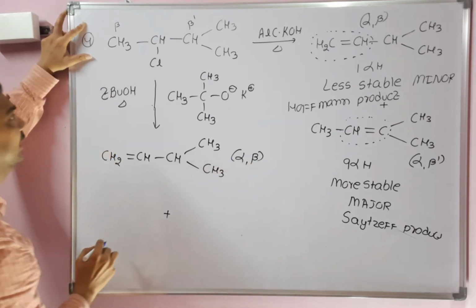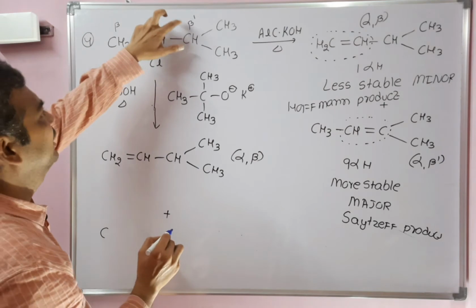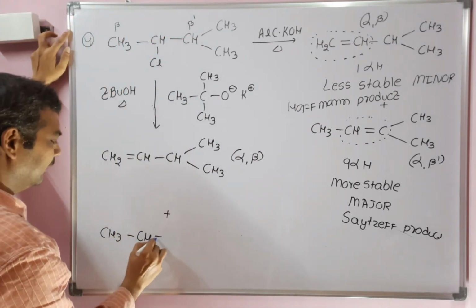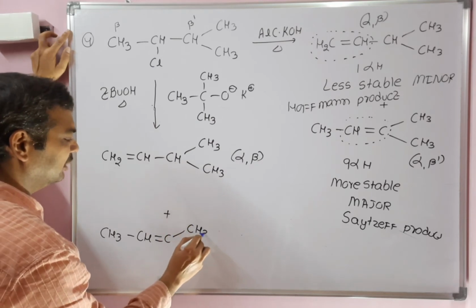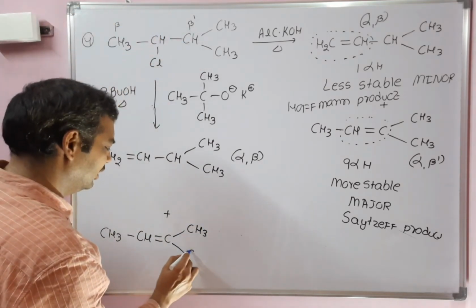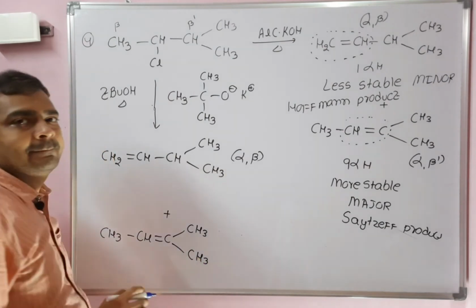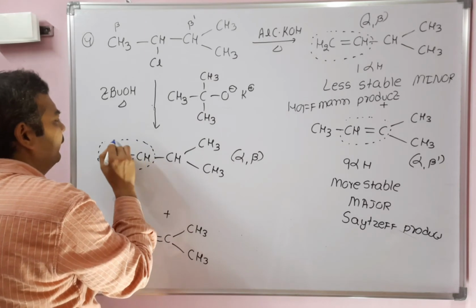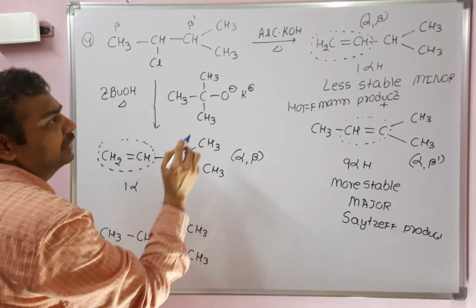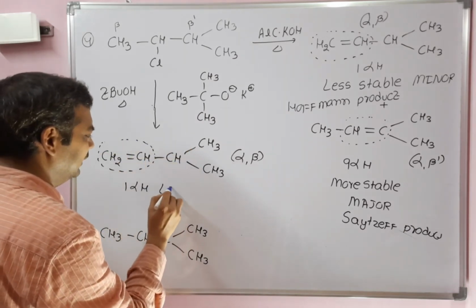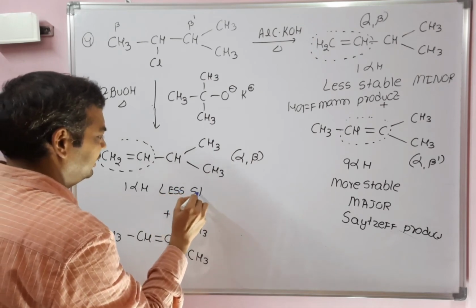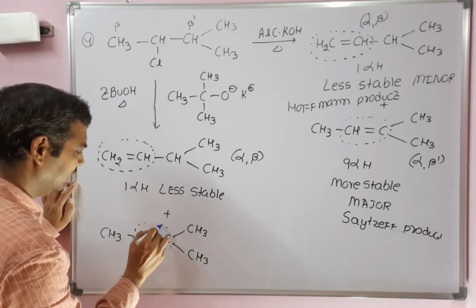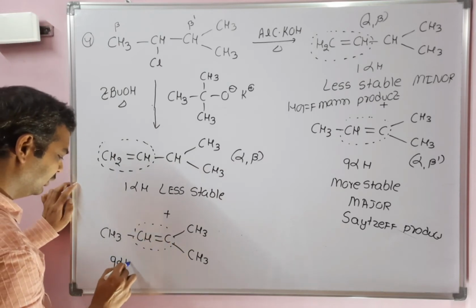Plus we also get, suppose the base abstracts at beta prime, the product CH3 CH double bond C. No doubt, if you see the stability, one side substitution, 1 alpha hydrogen, definitely this is less stable, whereas here 3 side substitutions are there, 9 alpha hydrogens, more stable.